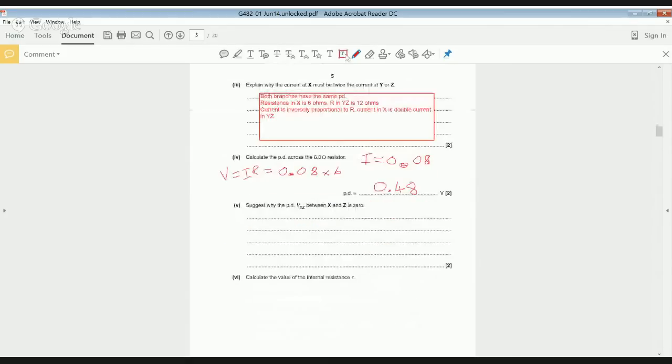One wording that should get marks on a question like this is to acknowledge that the potential difference across the 3 ohm resistor is equal to the potential difference across the 6 ohm resistor.